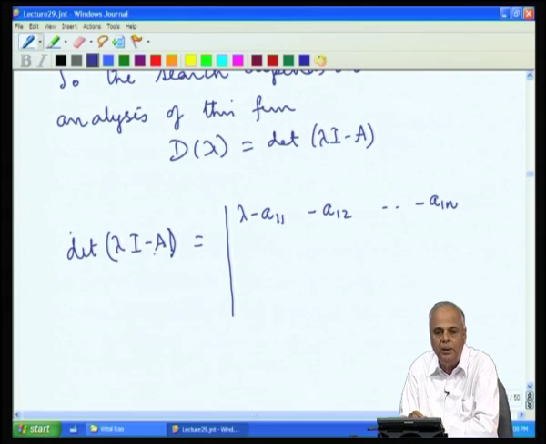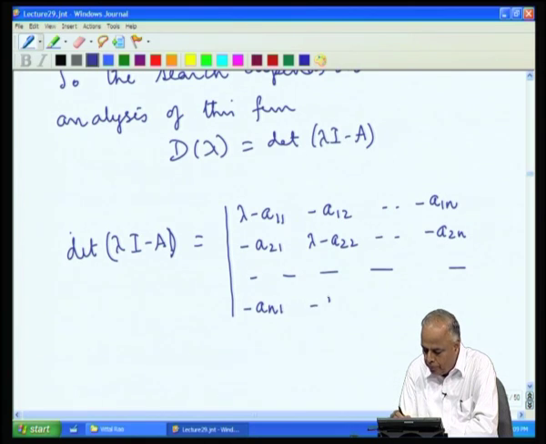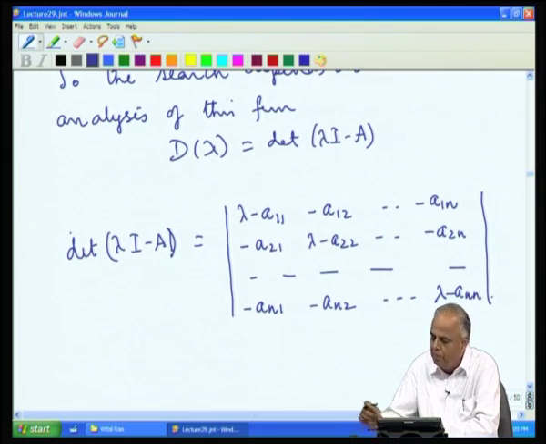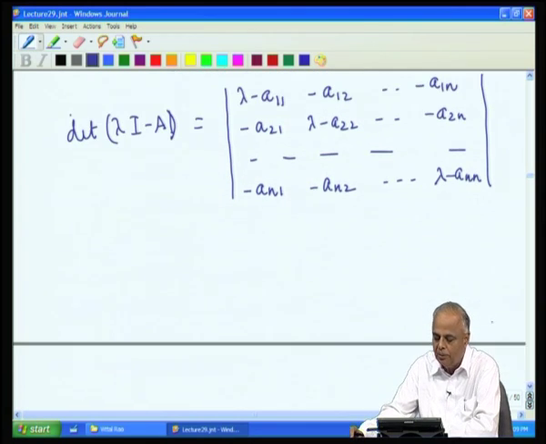It is simply the matrix minus A, except that along the diagonals we have to stick lambda. So, it is minus a21, lambda minus a22, up to minus a2n, and so on. The last row will be minus an1, minus an2, and then lambda minus ann. So, this is the n by n determinant, which is determinant of lambda I minus A.